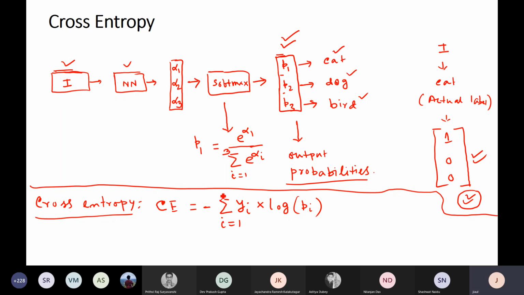I'm just writing the generalized rule. In this case, the value of n will be 3 because I have 3 possible categories. If you have n possible categories, then the value is n. So what is the log of pi? pi is basically the same as what you have here, the predicted probabilities.